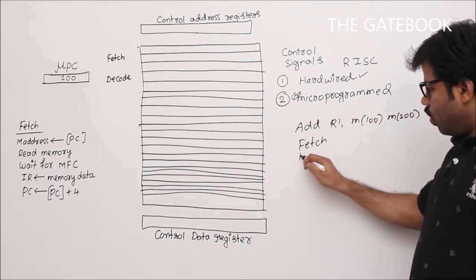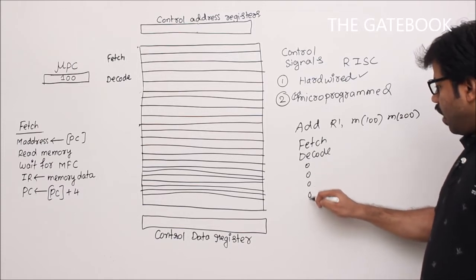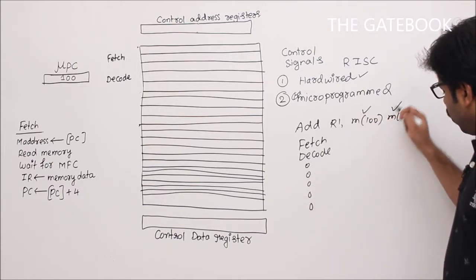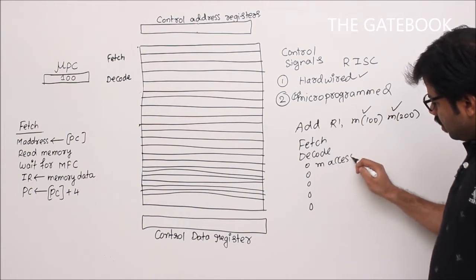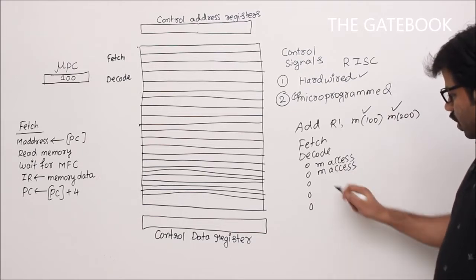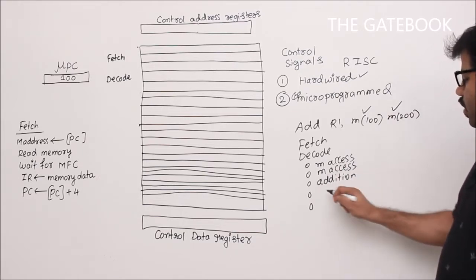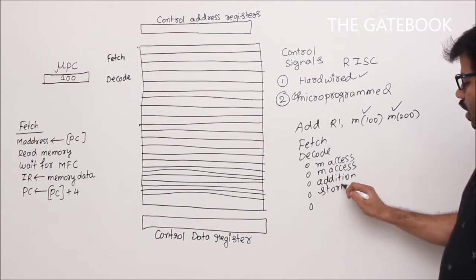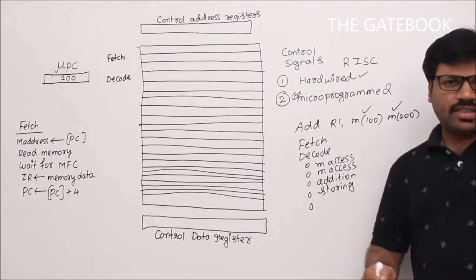After that we have to decode it, right? Then after that, go for memory access, again go for memory access a second time, right? Then after that do addition, then after that storing. So here you can see 1, 2, 3, 4, 5, 6, 6 steps, correct?